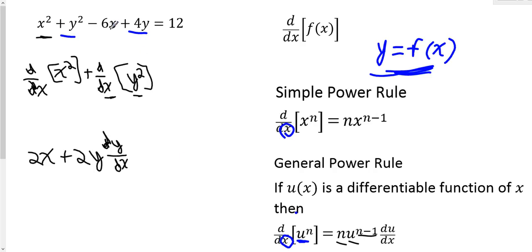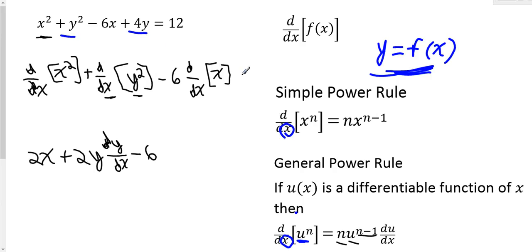Now, the derivative of this one. I have the negative 6, which is a constant multiple. But then I'm going to take the derivative with respect to x of x to the first power. Well, you can use the simple power rule and you get that this is equal to 1. So this is negative 6 times 1, or negative 6.